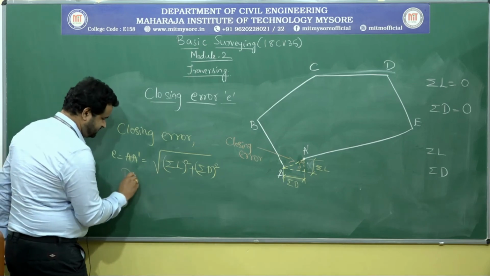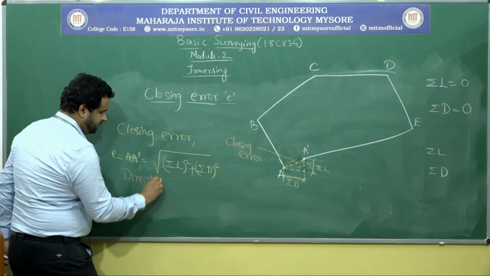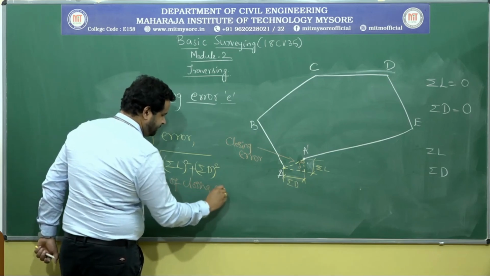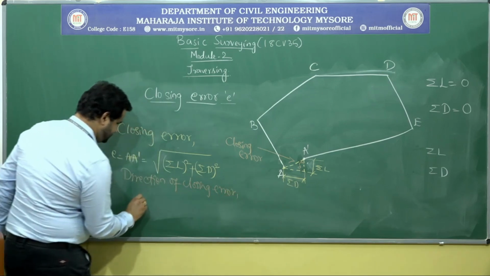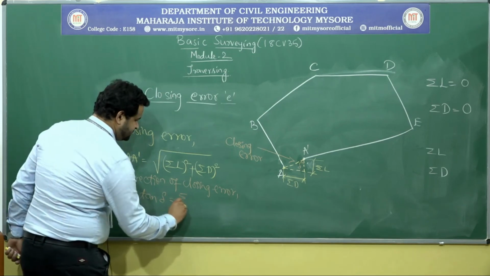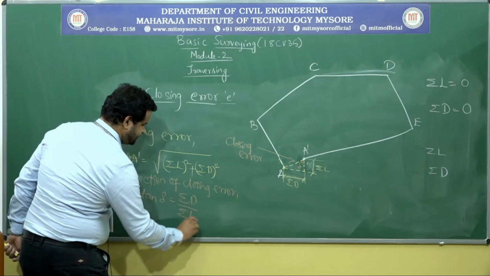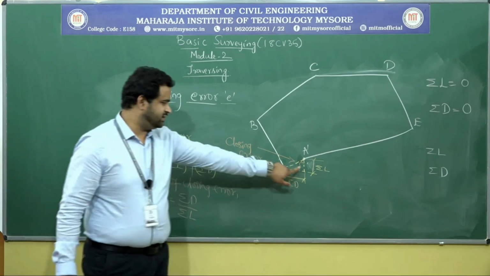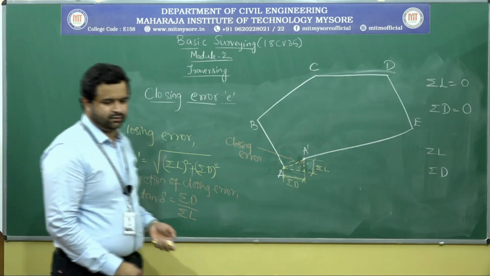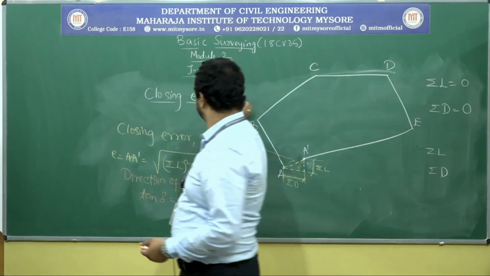The direction of closing error can be calculated, that is, tan delta is equal to sigma D divided by sigma L. Tan of delta is equal to sigma D divided by sigma L will give you the direction of the closing error. Now let us move on to the next topic.